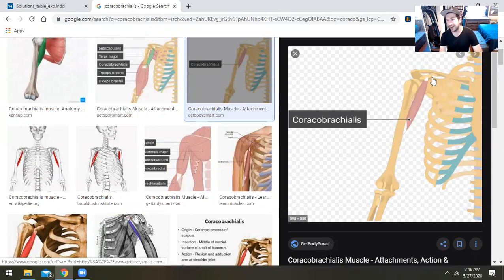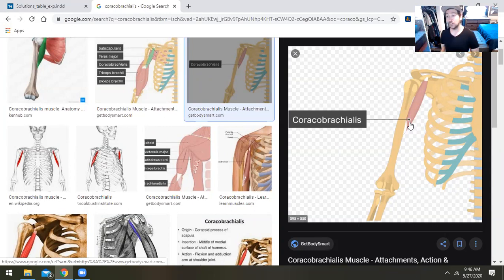Right in the coracoid process there, and running to the center of your humerus, right? So that is supposed to assist in stabilizing as you do overhead movements. Like if I hold a dumbbell in my hand like this and do a raise like this, it's running from here to here. So it's supposed to assist in stabilizing my arm while I'm doing that.